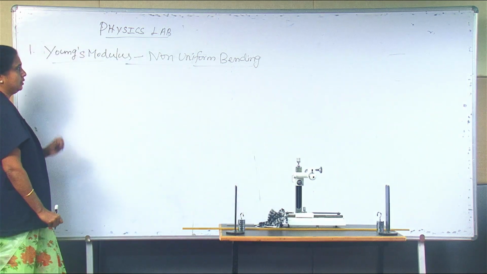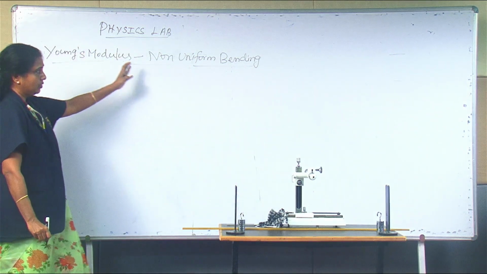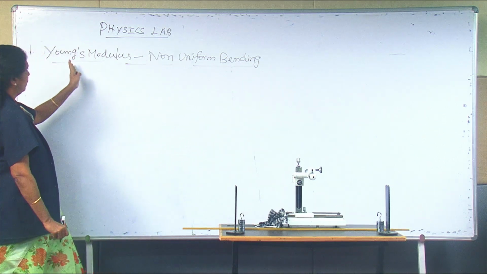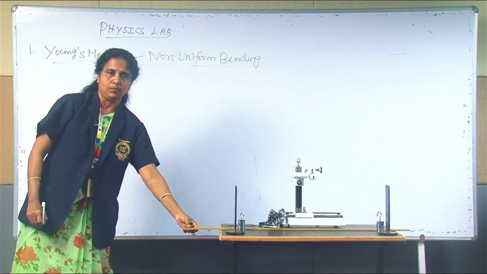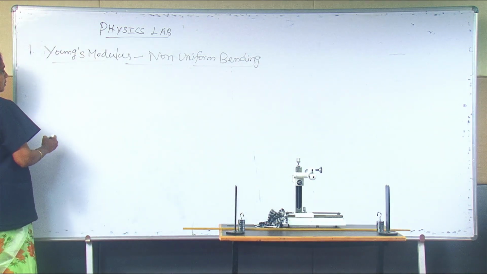By using this non-uniform bending method, we have to find the Young's modulus of the given material, or given rod or beam or scale, whatever it may be.